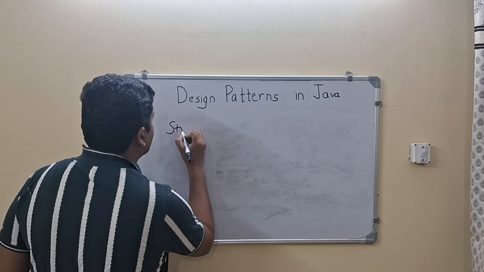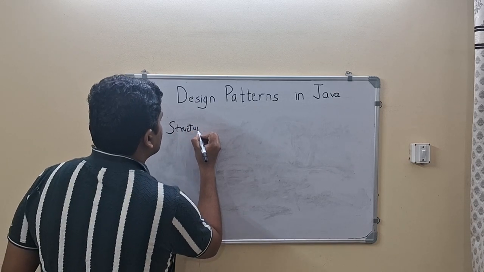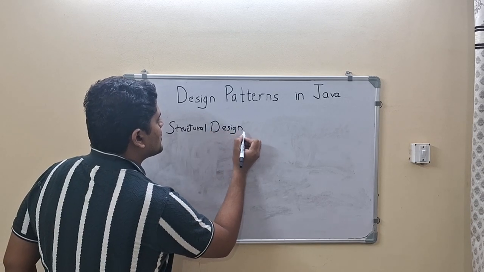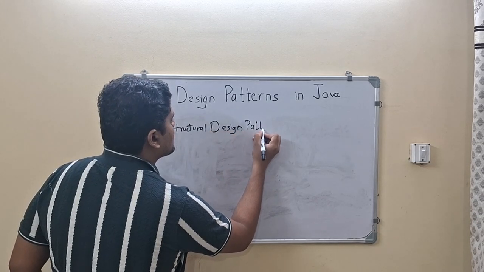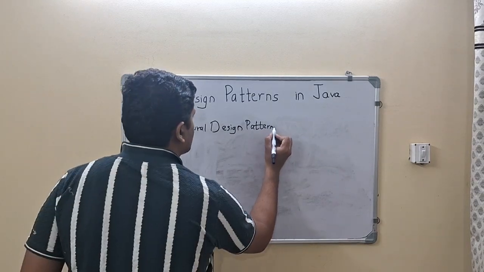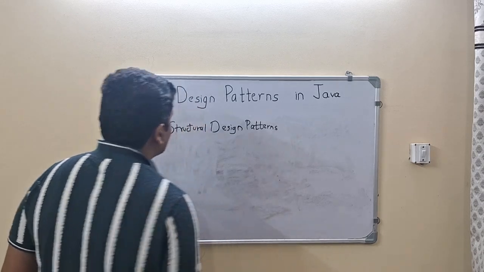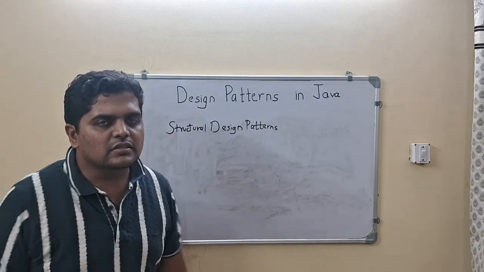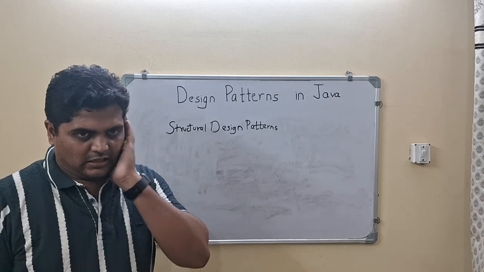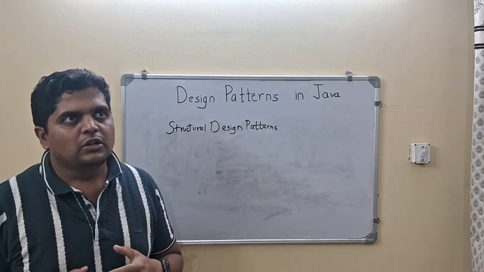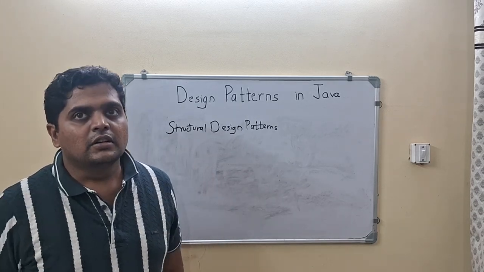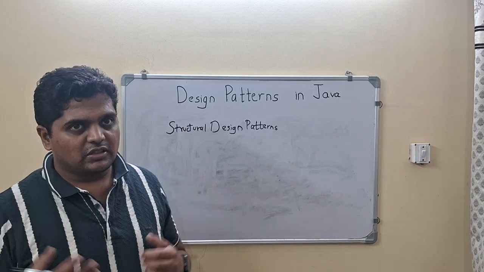Structural design patterns. The structural design patterns are basically needed because they decide how the object structure is formed to build some complex structure, or how the objects interact to form some complex structure.